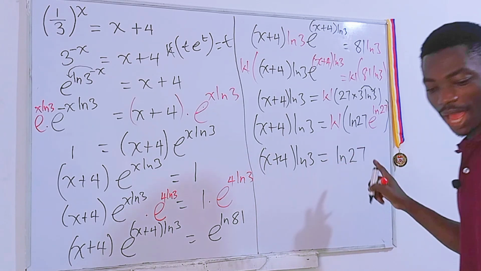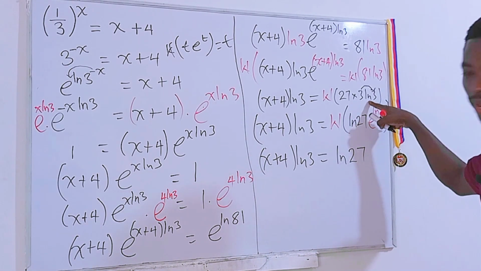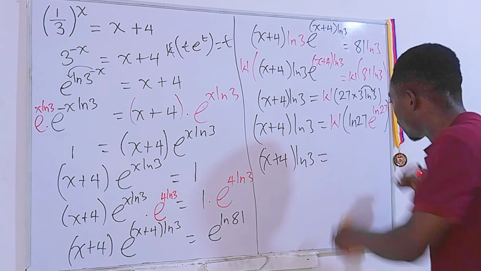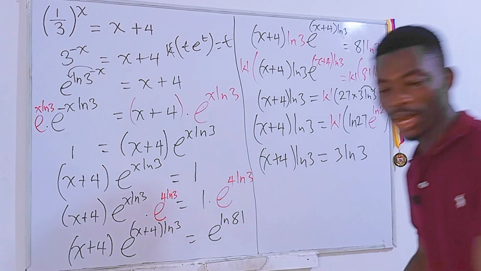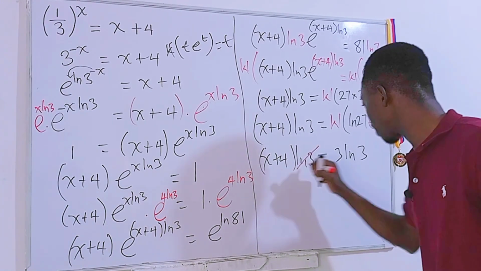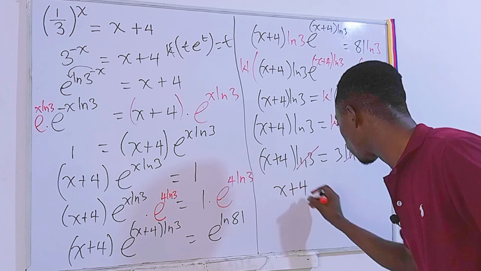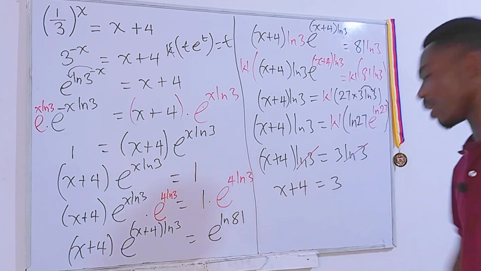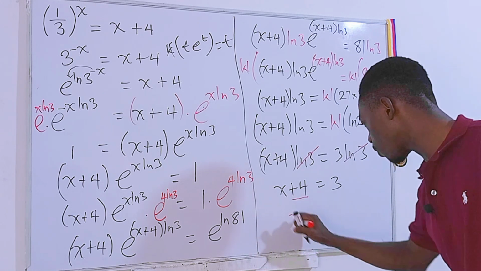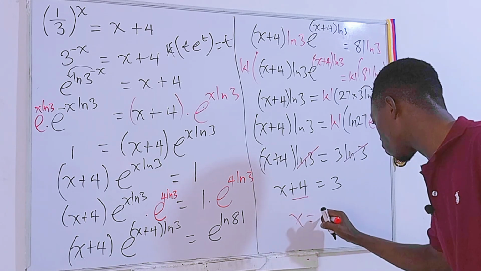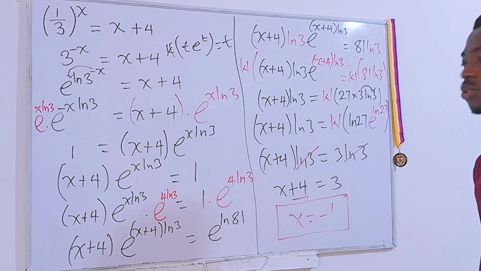And in fact, I can write this ln of 27 just like what we have right here earlier, which is the same as 3 ln of 3. And straight away, we can clearly see that this will cancel out this, and we are left with x plus 4 is equal to 3. Now, if you transpose this positive 4 right here, we are going to end up getting x is equal to negative 1 as the solution to the problem.